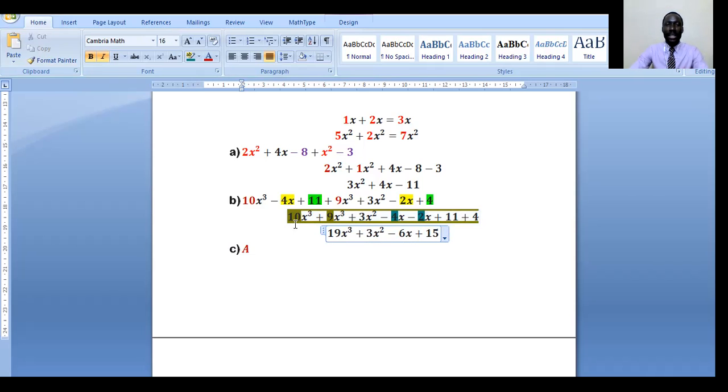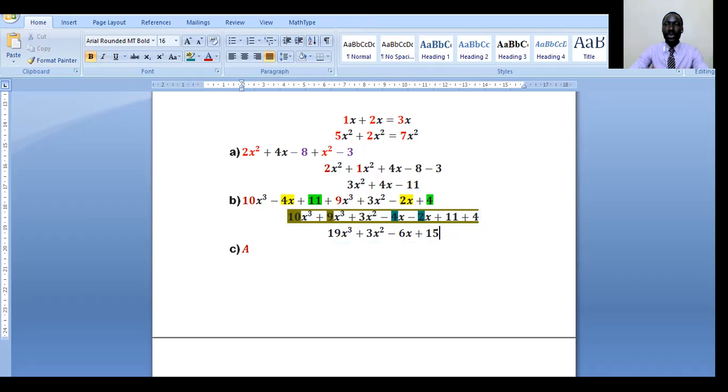In this case, we added 10 to 9 to get 19. We did not have any other quantity like x squared to add this 3 to, so we just copied the 3x squared. Then next we added -4 onto -2 to get -6. And finally, we added 11 to 4 to get 15. And yes, this is how we would add these two quantities.